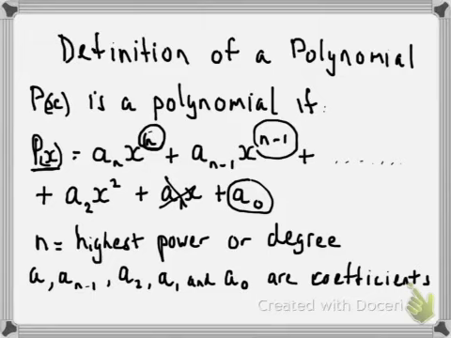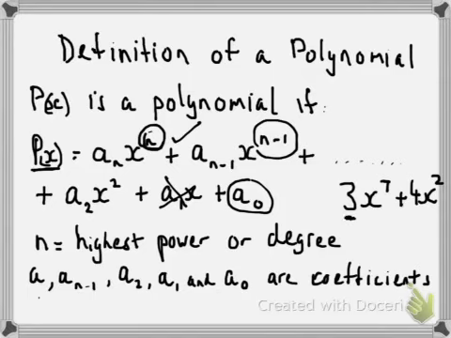Important things to remember here: that n, as I pointed out, is the highest power or degree. And these numbers, a n minus 1, etc., are called the coefficients. So, for example, if we had 3x to the power of 7 plus 4x squared, that's a little polynomial in itself. It has a degree of 7, that's the highest power of x.